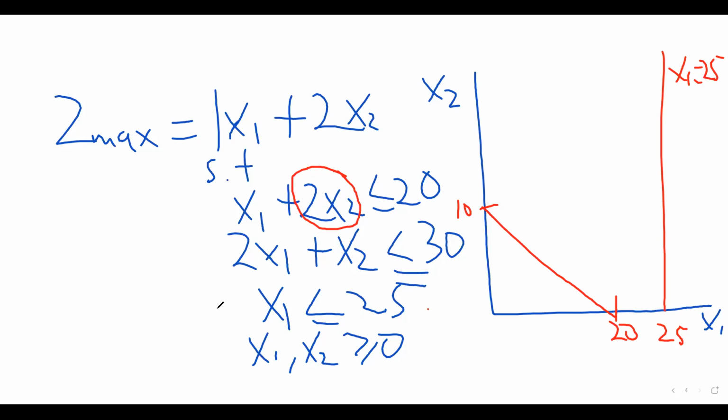Sorry, let me go back and edit this first one. If x1 is 0, then x2 is 30. And if x2 is 0, x1 will be 15.